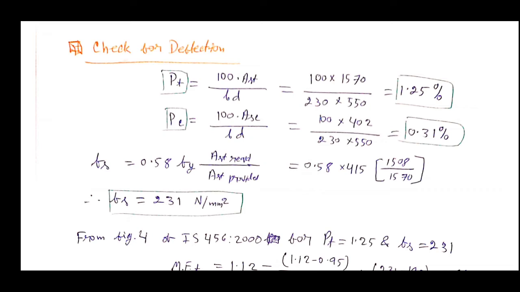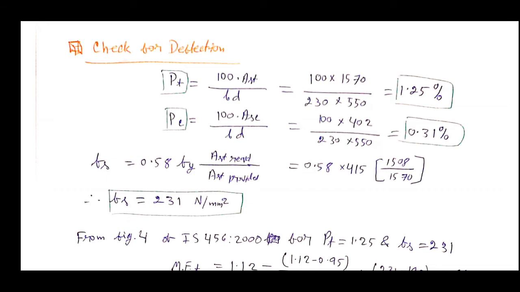Now we have to find out Fs, because we have to find the modification factor from figure 4 and figure 5 of IS 456 2000. Fs is 0.58 into Fy into Ast required by Ast provided, that is 0.58 into 415 into 1508 by 1570, which equals 231 Newton per millimeter square.